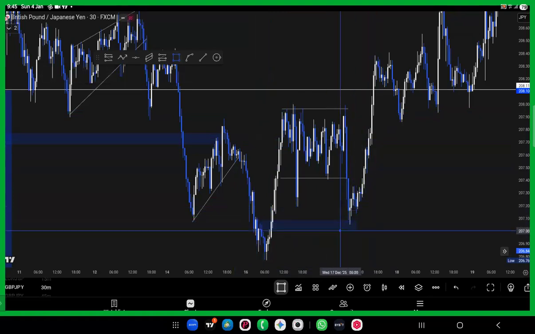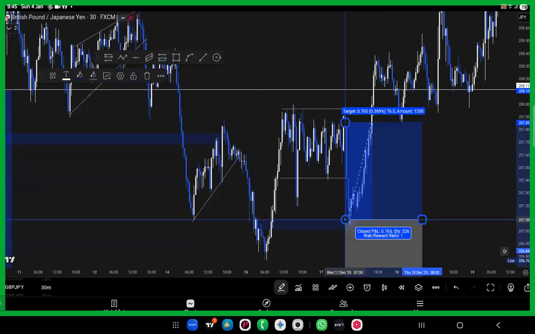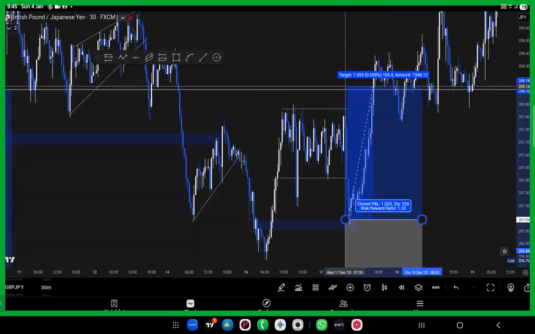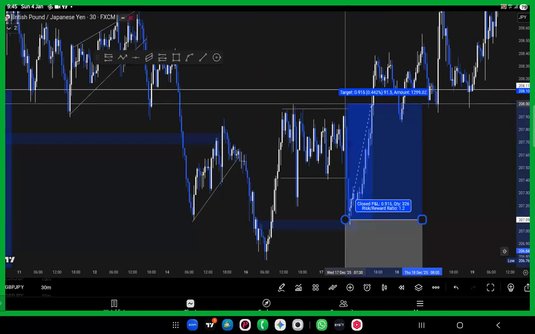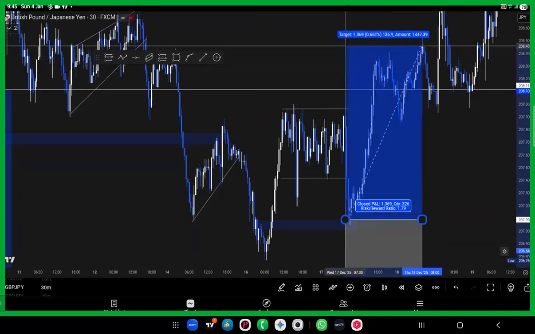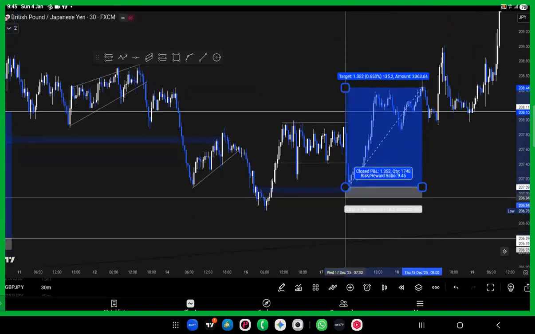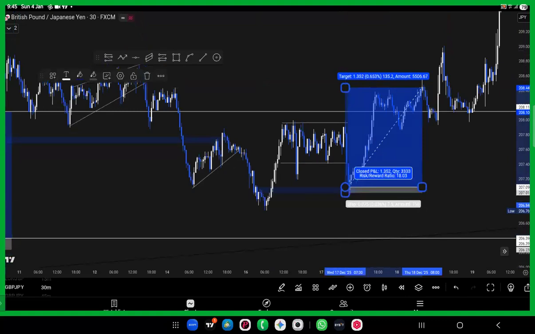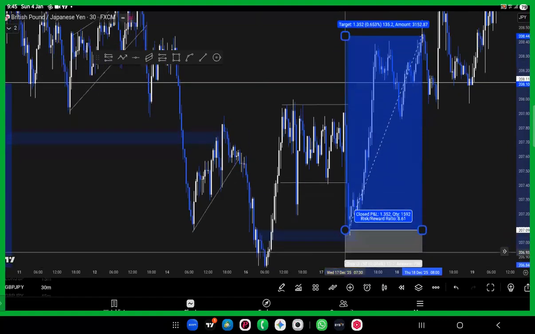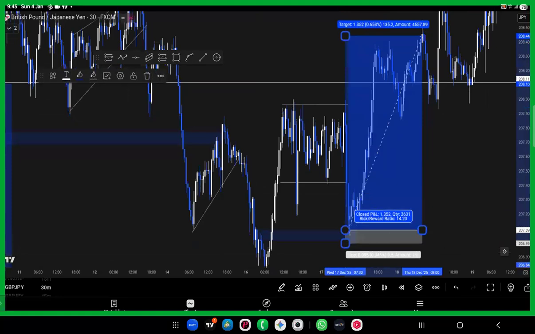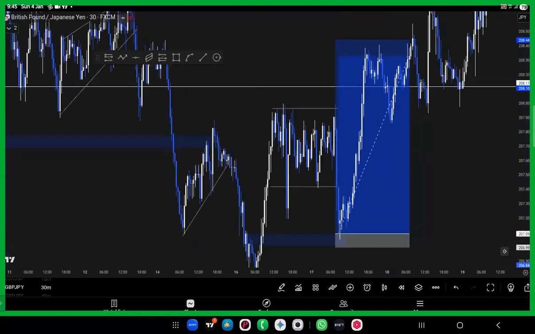And after which, you saw the push to the upside. So you can put your TP here or you can leave your TP at this particular level. That's a 1 to 14 trade.